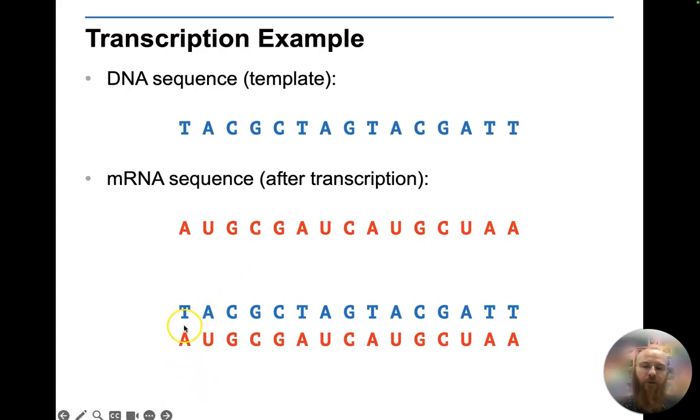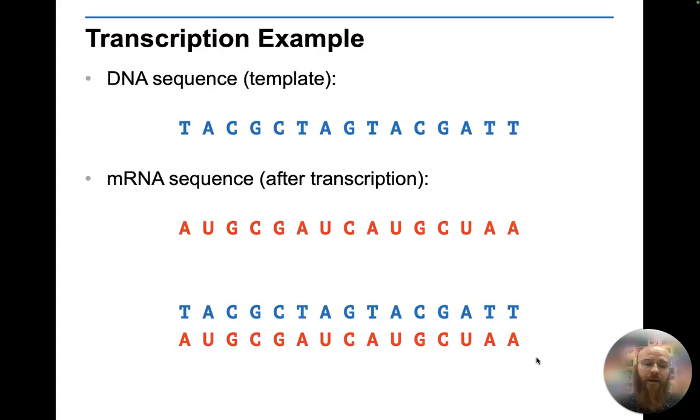So if I were to give you a DNA strand here in blue, and I say, bring me the mRNA that's complementary, this is what this should look like. T becomes an A becomes a U, C becomes a G, G becomes a C, and so on and so forth, until we have that full copy of that specific gene, which are those instructions, again, for creating the proteins that we need.